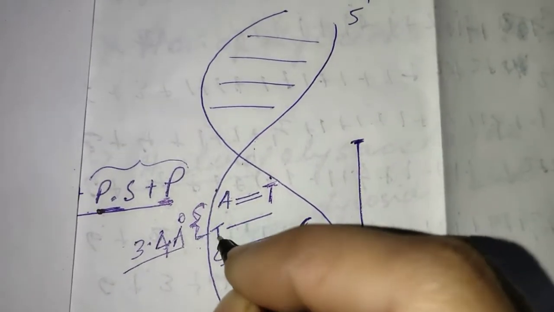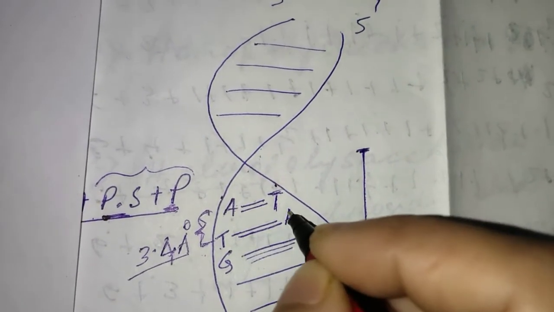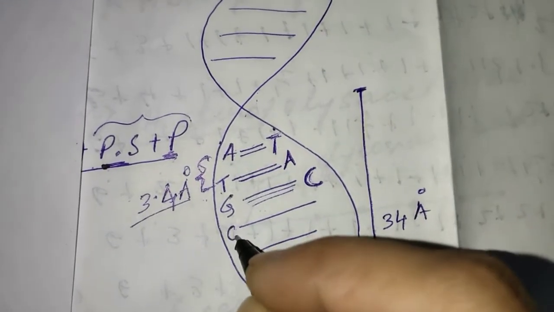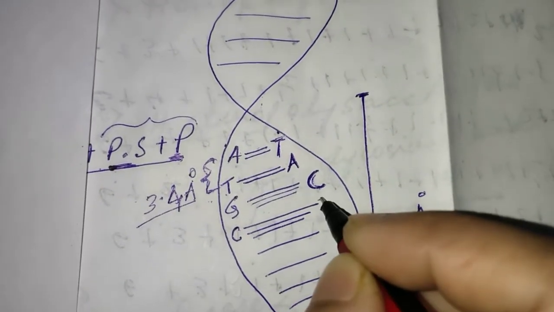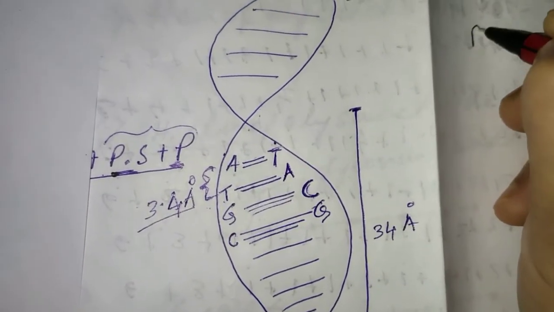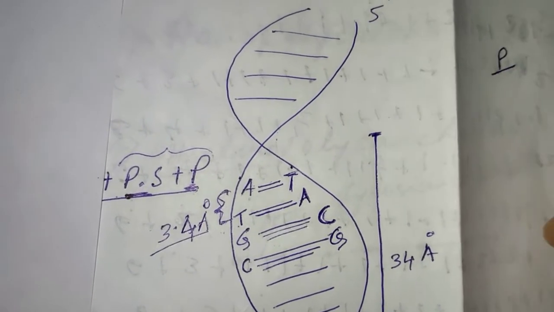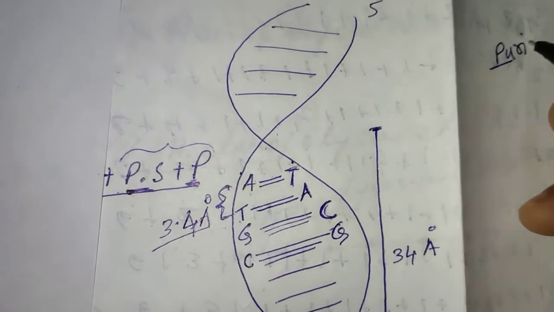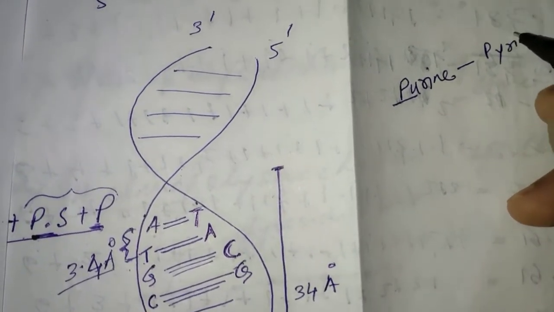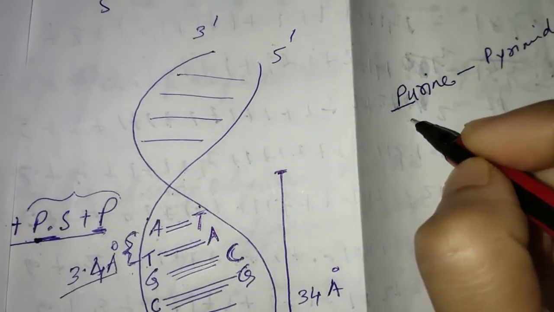Then again, if it is thymine, then on the other side it should be adenine. If it is cytosine, then again guanine. So purine always pairs with pyrimidine. So purine always forms a pair with pyrimidine. So what is purine?